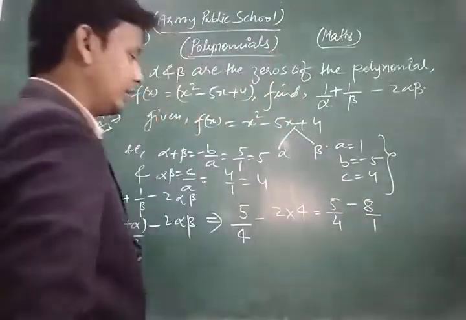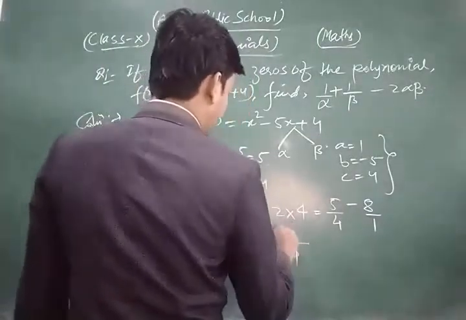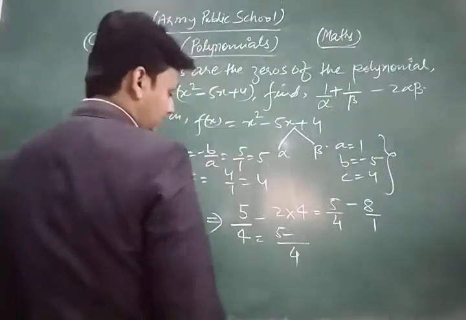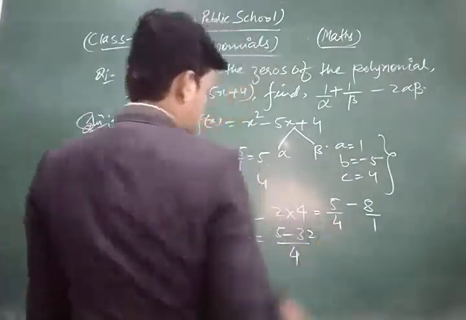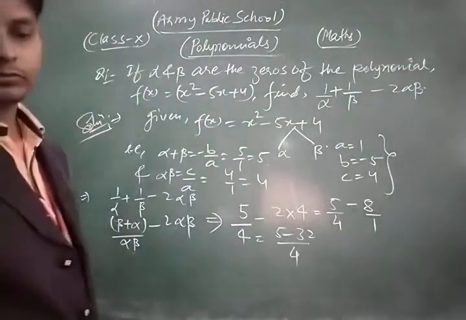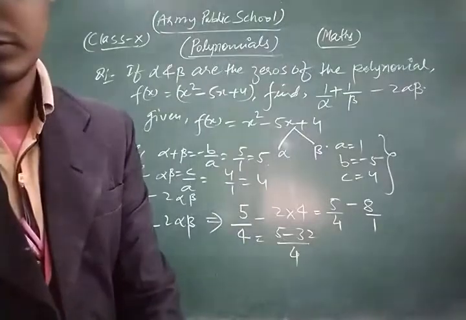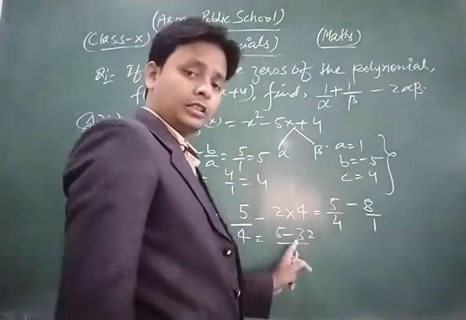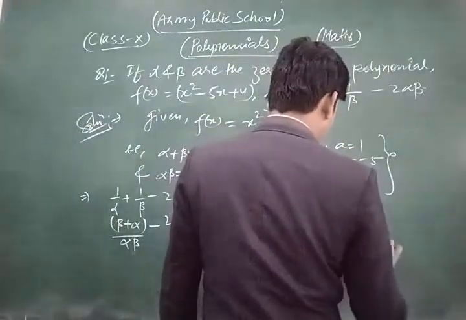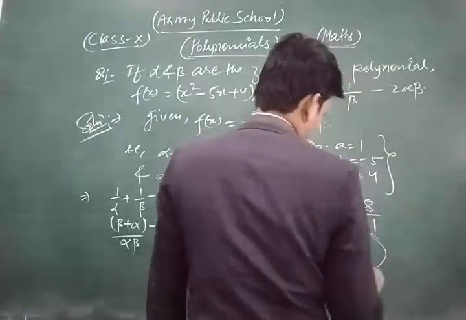Okay, now we take 4 as LCM, so we get 5 minus 32 upon 4. So this is 5 minus 32, that is minus 27 upon 4. This is the required solution.